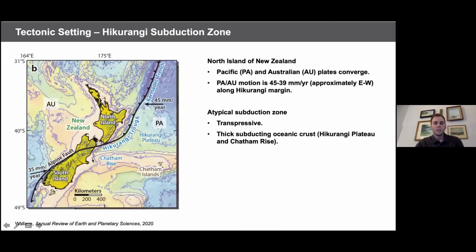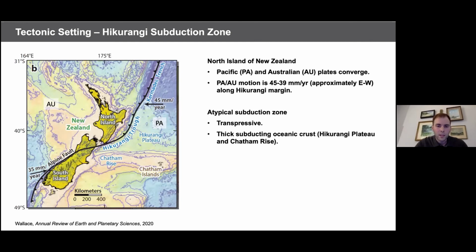So the Hikurangi Subduction Zone is the transpressive convergent boundary between the Pacific and the Australian tectonic plates. This is right here along the east coast of the North Island of New Zealand. Of note is that the oceanic lithosphere of the Pacific plate entering the margin is on the order of 2 to 3 times the thickness of typical oceanic lithosphere.